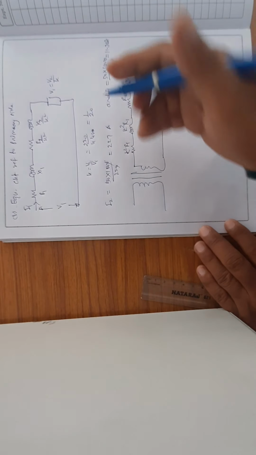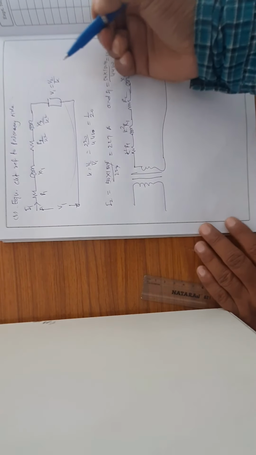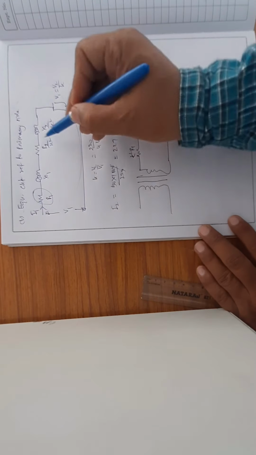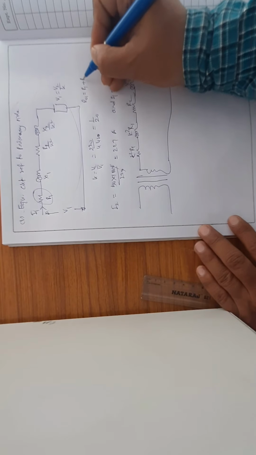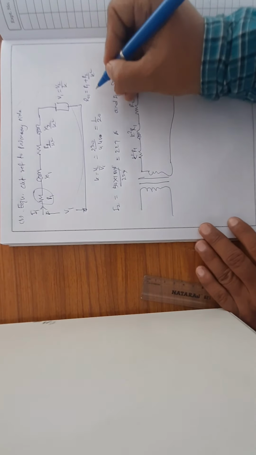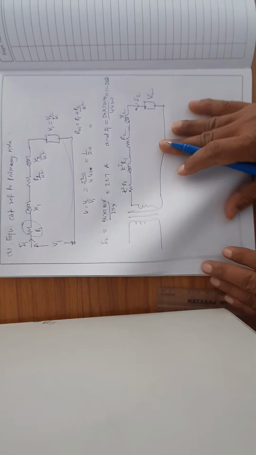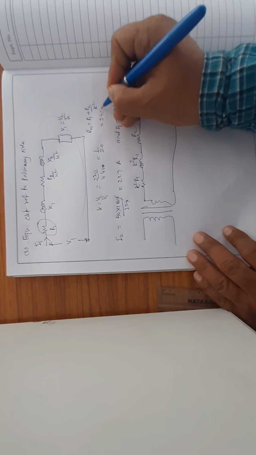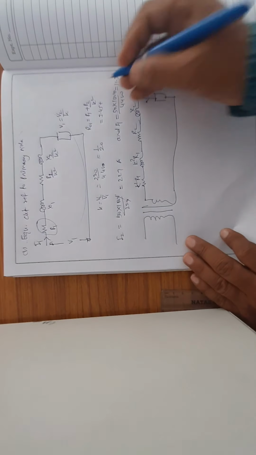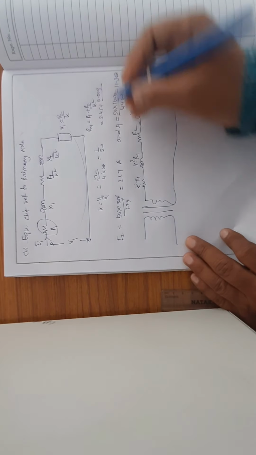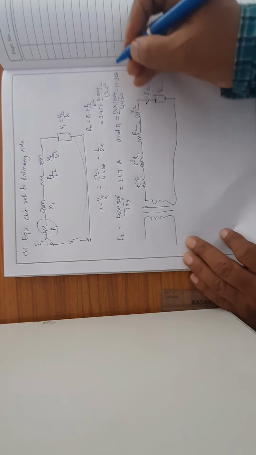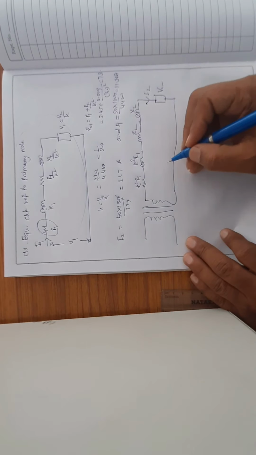So the total resistance referred to primary, R01 equal to R1 plus R2 upon K square. Put the value. What is the value of R1? 3.45. 3.45 plus R2, 0.009 upon, what is the value of K? 1 by 20 square. It comes to 7 ohm.